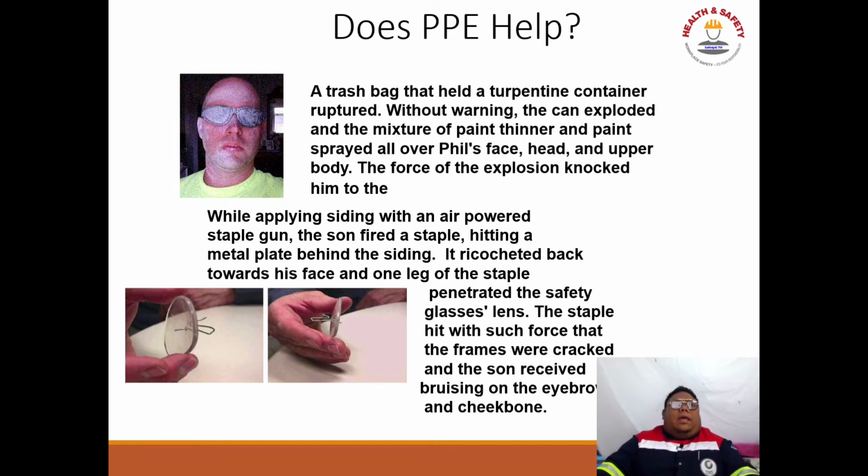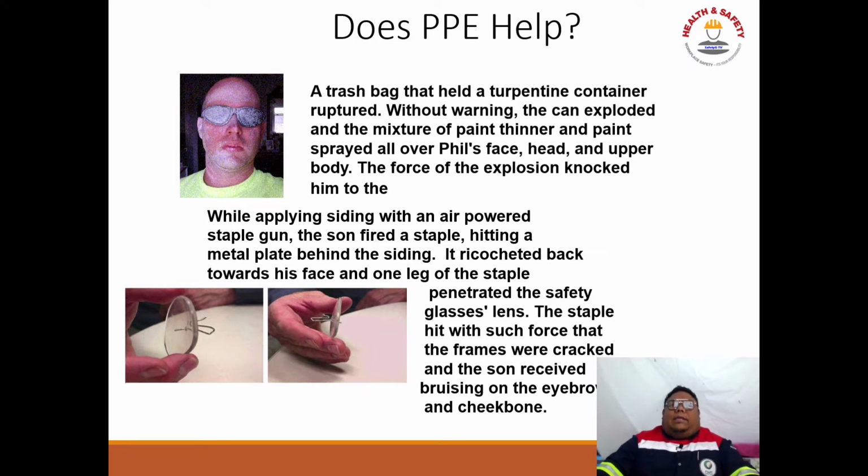Okay. Next is while applying siding with an air powered staple gun, a power staple gun. A fired staple hit the metal plate behind the siding and shifted back towards the face.